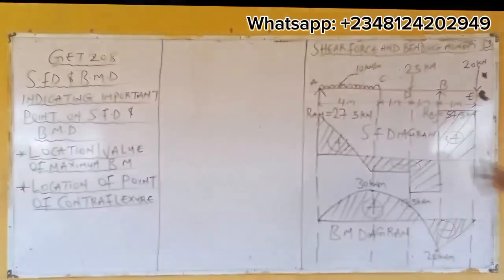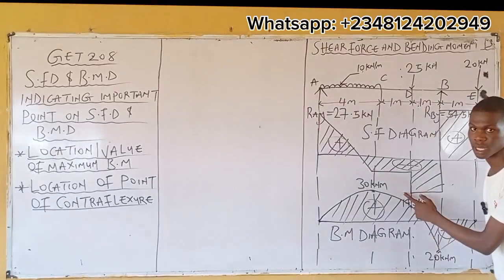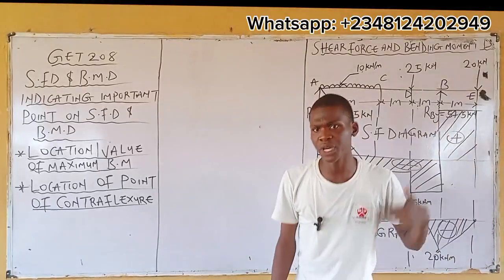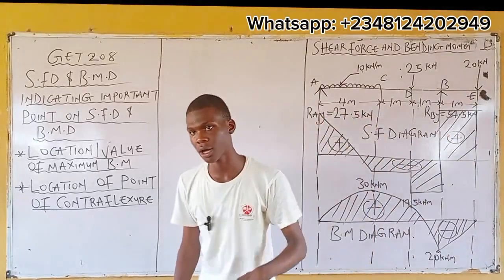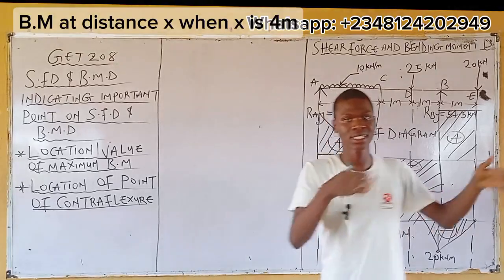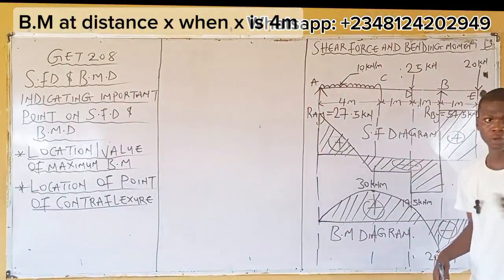Now, after this calculation, I'm getting the greatest value to be 30 kilonewton meter at distance 4 meter. Does it mean that if I take bending moment at 2 meter, or at distance s, that will be the greatest value of bending moment for this given beam? Am I communicating?